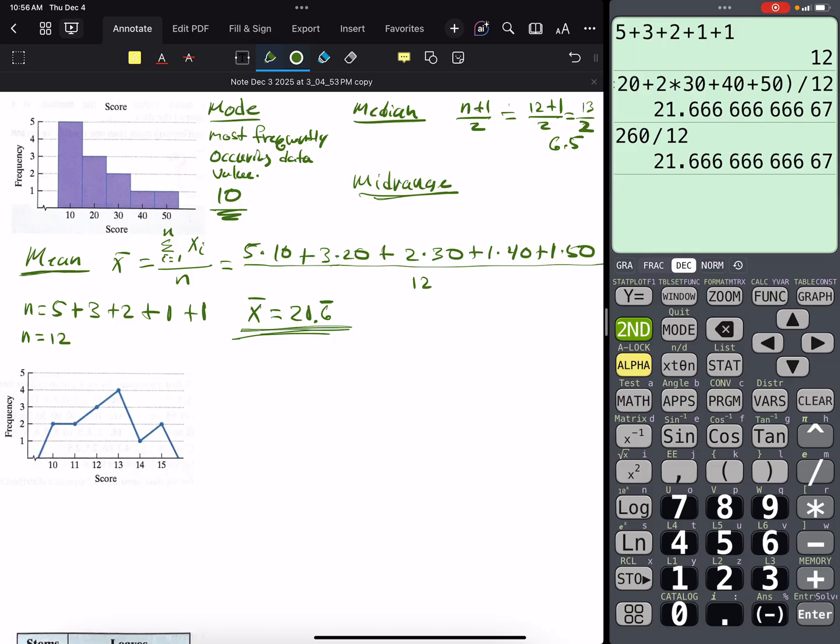Well, the 6th data value, I go at 10, I start, and I have 1, 2, 3, 4, 5. Then at 20, I get the 6th data value is a 20, and the 7th data value is a 20. And so I want to average together this data value and this data value, right? Because my 6.5 would land me halfway between those two.